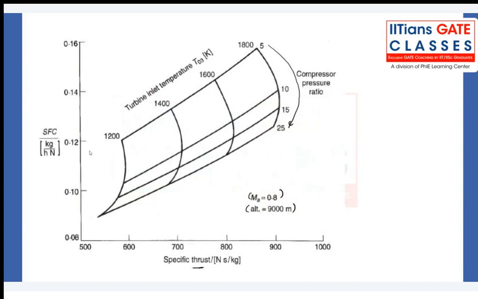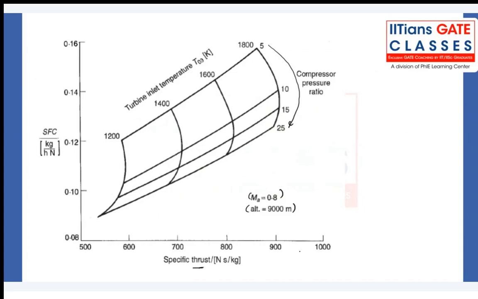What is specific thrust? It is thrust per unit mass flow rate of air. And my assumption here is that I am not changing the mass flow rate which is coming into the engine. So we have to make certain assumptions to answer this kind of question, because it is not purely quantitative analysis, it's a qualitative one.